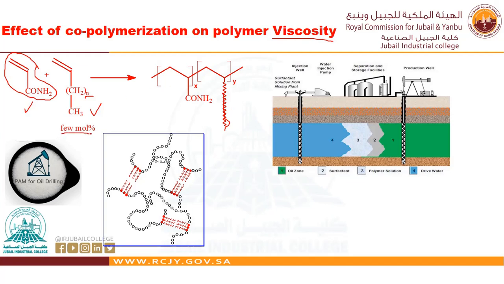In this case, they use a small amount because polyacrylamide is usually used in water, so the solubility will decrease as you increase the amount of the linear alpha olefin, which serves as the hydrophobe. That is, it doesn't love water.